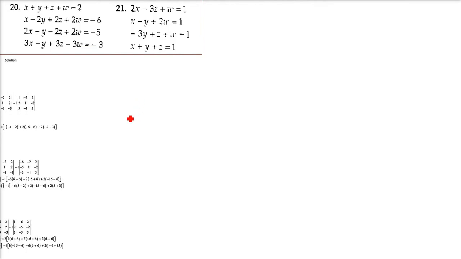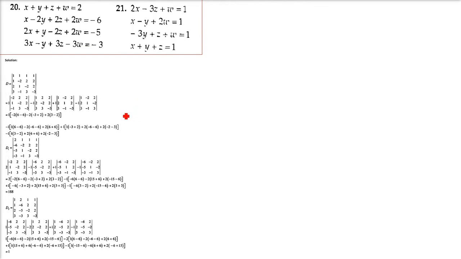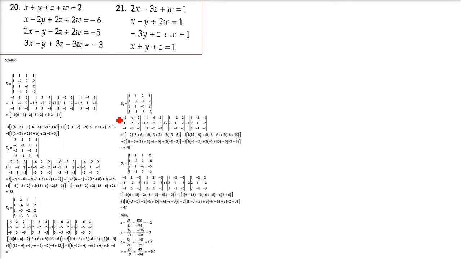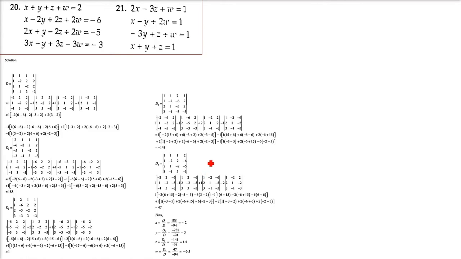Now we have 4 variables here. Same way we are going to do, the logic and reasoning will be the same. Only the determinant size will increase. So we are comparing the first one with A1x, B1y, C1z, D1w equals E1. We're comparing it with this one.